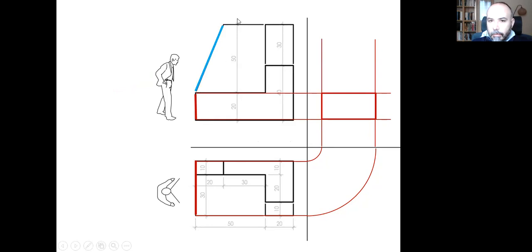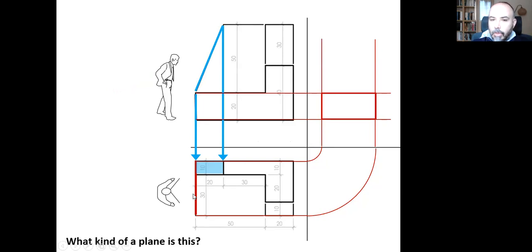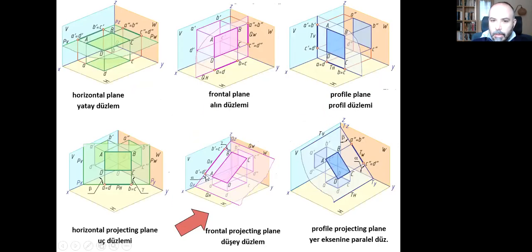And in the front view, there is this inclined line. Again, I don't know if it is just a line or a surface or what kind of a surface it is. So I need to transfer its endpoints down to the top view, and there appears a rectangular surface in front of me. So I need to check what kind of a plane this is. When we check this list, we can see that it's a frontal projecting plane.